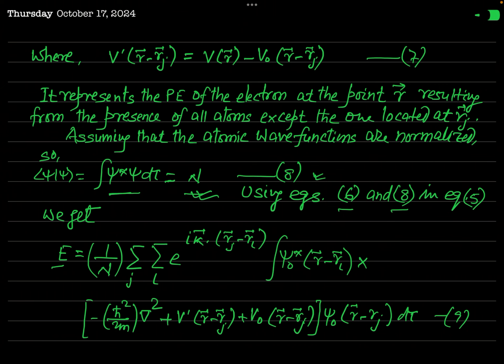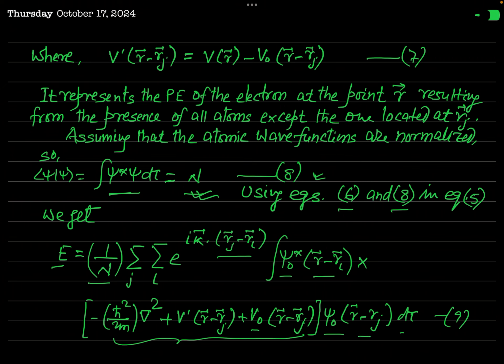After substituting all those values, you will see that this is 1 over n summation over j, summation over l, e to the power iota k dot (rj minus rl), times the integral of psi naught star of (r minus rl), times, at the place of the Hamiltonian h, minus h bar square over 2m del square plus v dash of (r minus rj) plus v naught of (r minus rj), and this is operated on psi naught of (r minus rj).